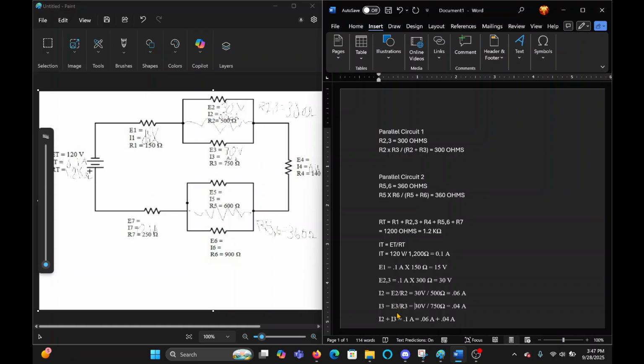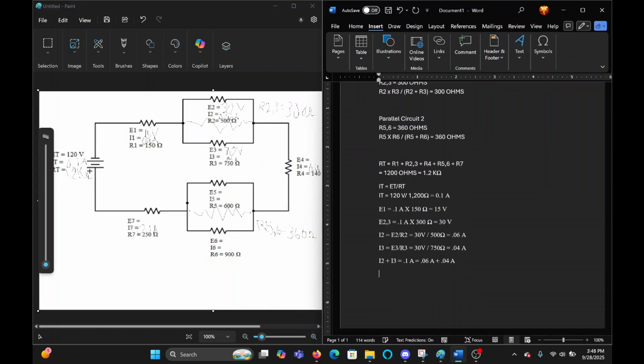So that's going to give you your current. That's 30 volts divided by 750 ohms, okay? So now we solved for the whole entire parallel circuit right here. We're going to move on to this circuit.